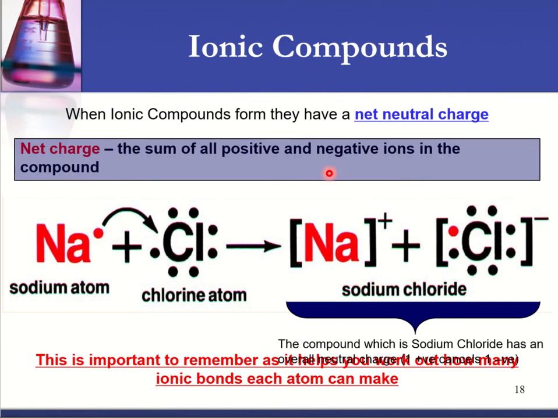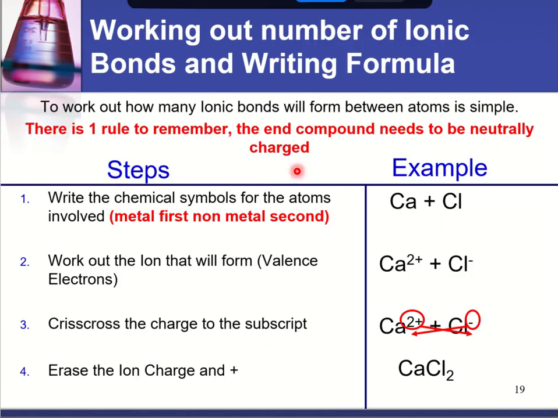The next one we have is actually writing the name and writing the formula for it. What I'd like you to have a look at is calcium chloride here. These are the steps. You need to firstly work out what the chemical symbol is, and then you need to work out the valency.